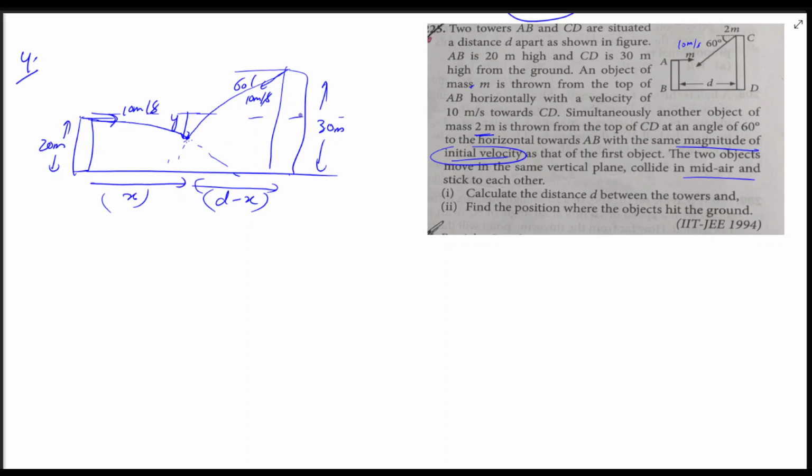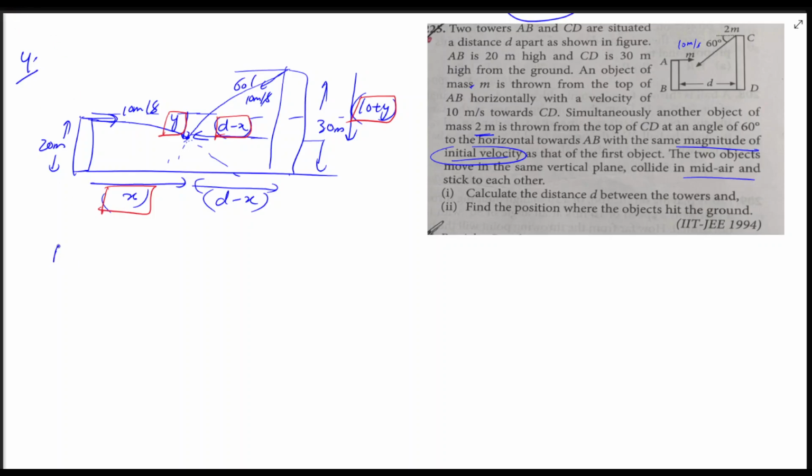So this particle is going 10 plus y, right? And for x, it is going here d minus x, right? So this is x, this is y, this is d minus x, and this is 10 minus y.